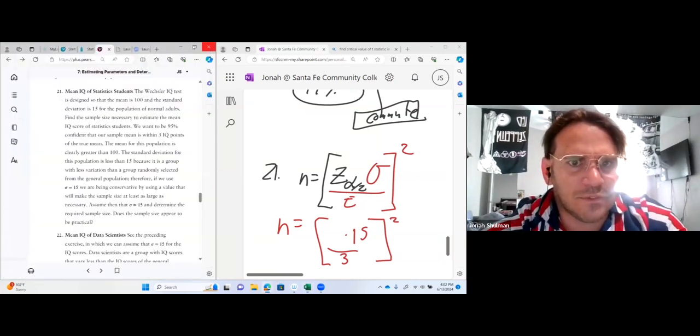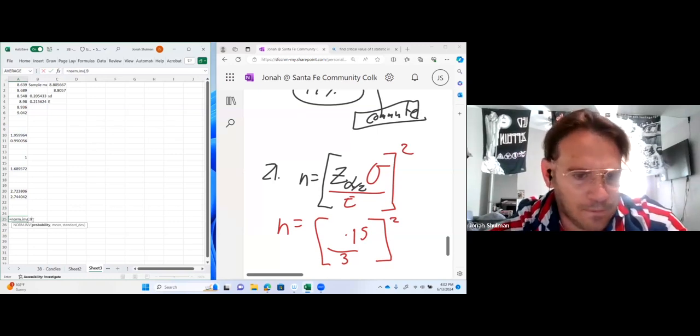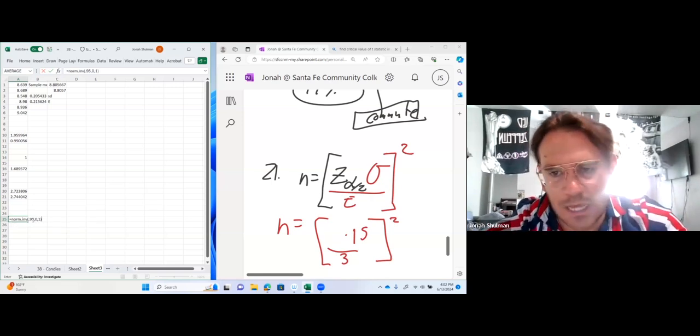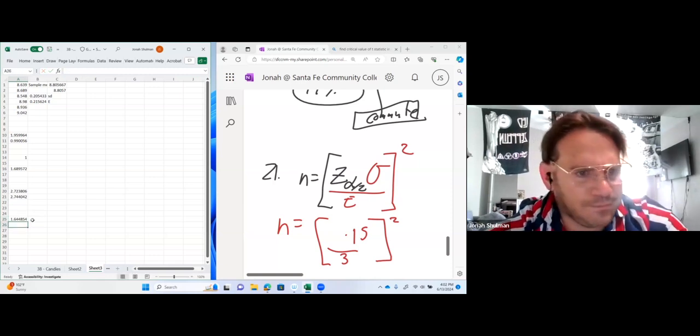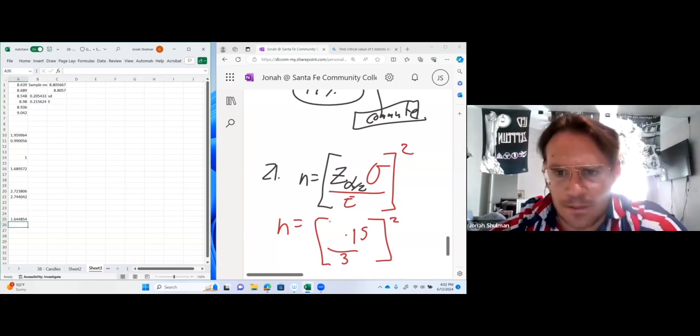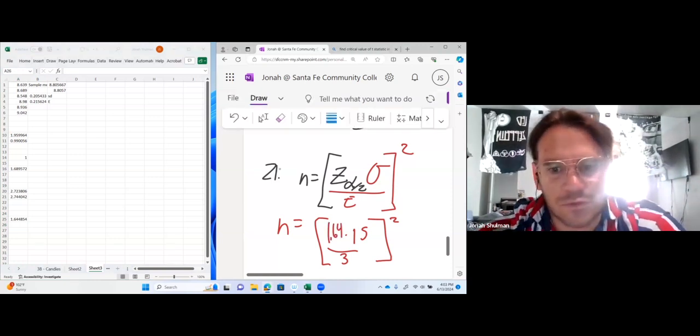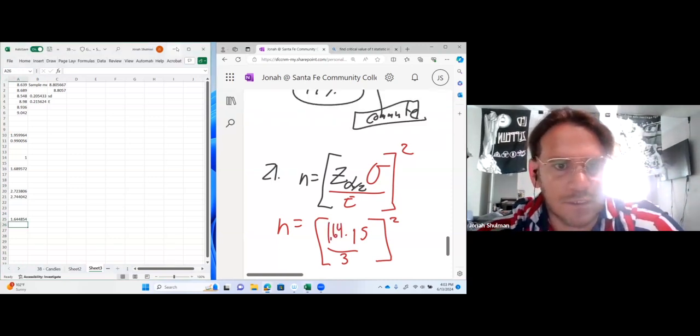They said 95%. Our mean is always going to be 0. Our standard deviation is going to be 1. Why? Because that is for the z-score, 1.64. So all I'm going to do is 1.64 times the 15.